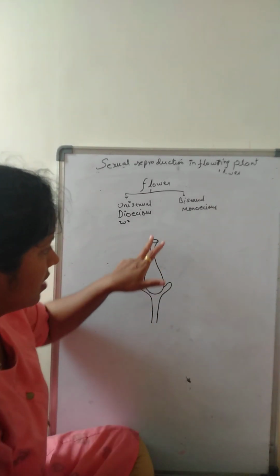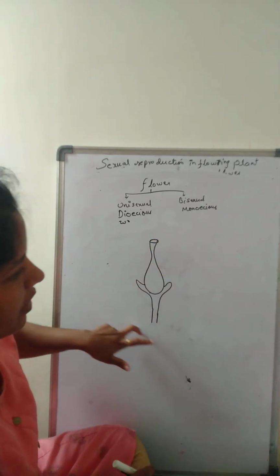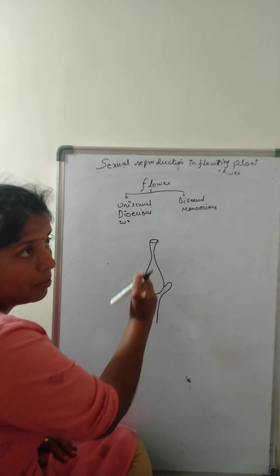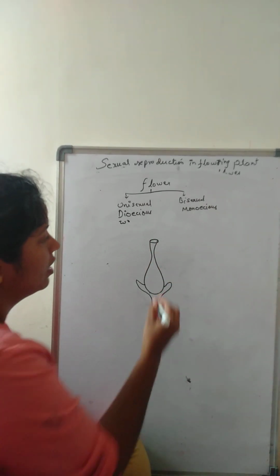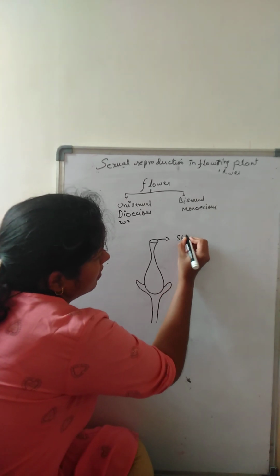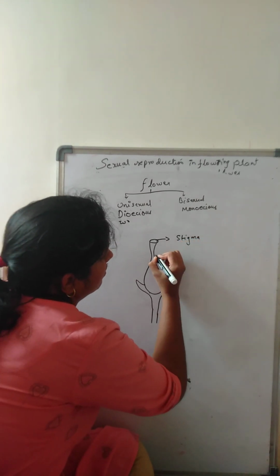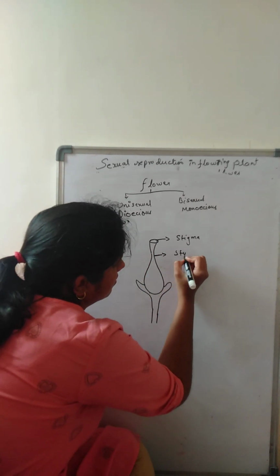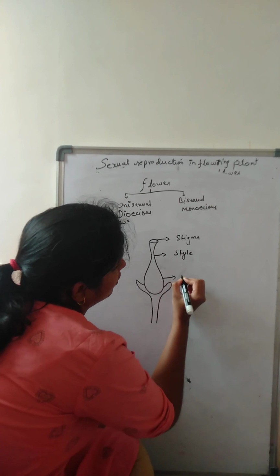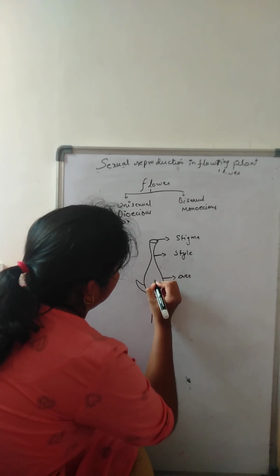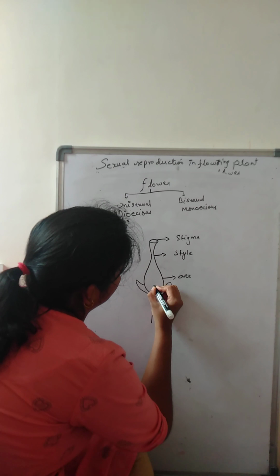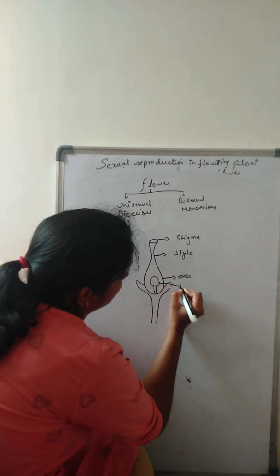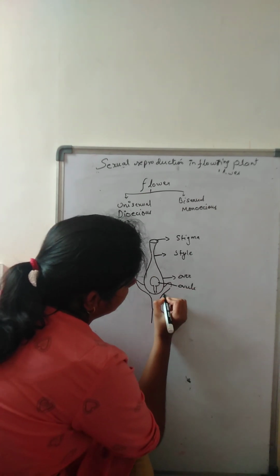Actually, this is the female organ. Here is the place where the reproduction takes place. Okay, so this is the stigma. This is the style. This tube is the style. Okay, and this is the ovary. And here your ovule will be there. This is the ovule, and this is the thalamus.